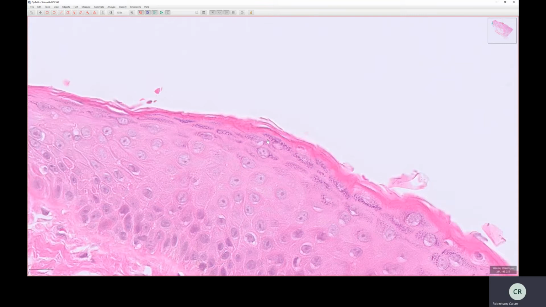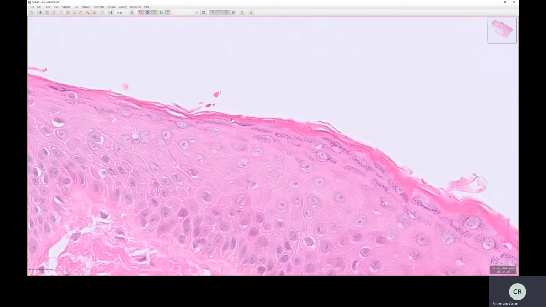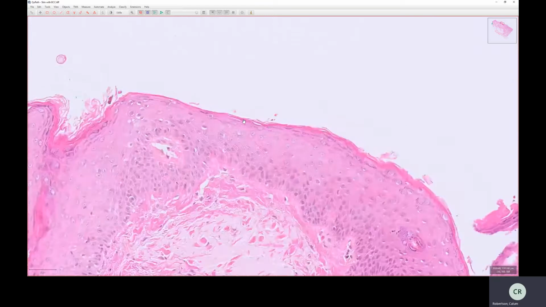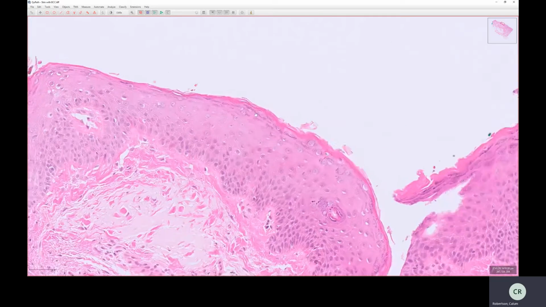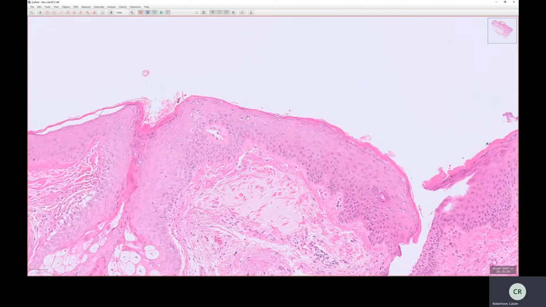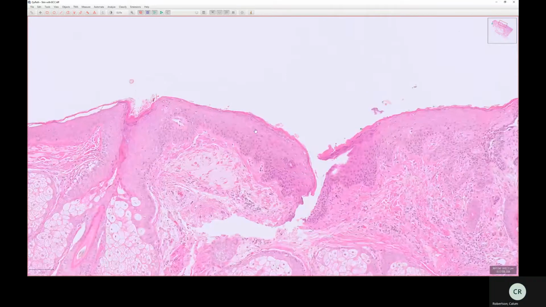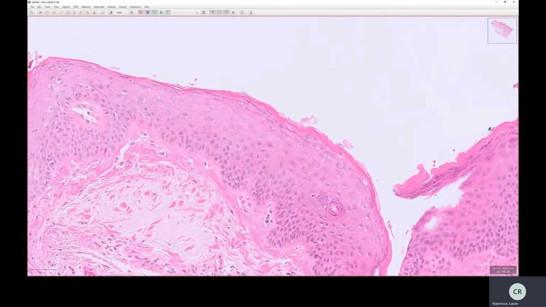The keratohyalin is mixed with tonofilaments to produce keratin, and this keratin is the tough acellular material which provides a lot of the protection that the epidermis gives to the skin, and that's this pink stuff on the top. It gets sloughed off over time, but that's okay because it's under a continual process of renewal. That's probably most of what there is to say about the keratinocyte component of the epidermis.